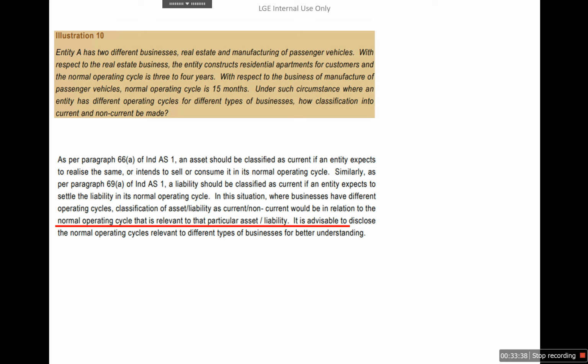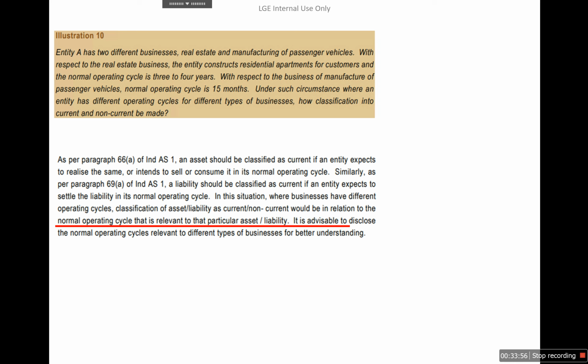So when a company has more than one operating cycle, the assets, debtors and creditors will be classified based on the business operating cycle to which they relate. In this case, there are two operating cycles.